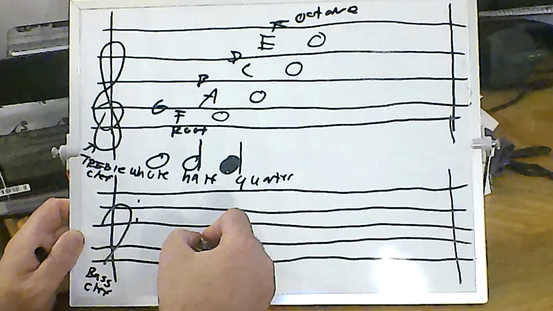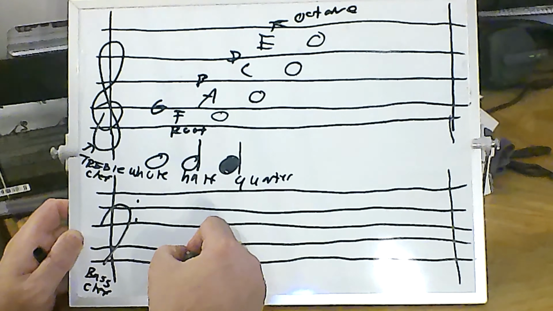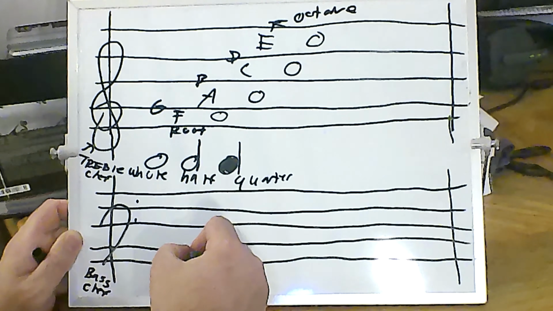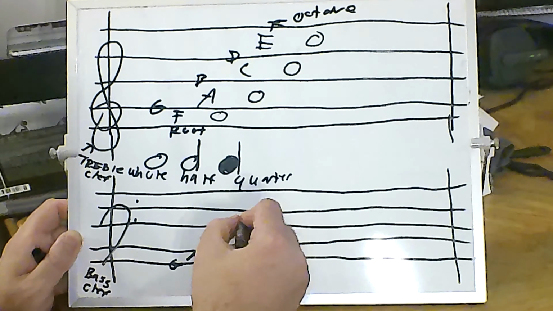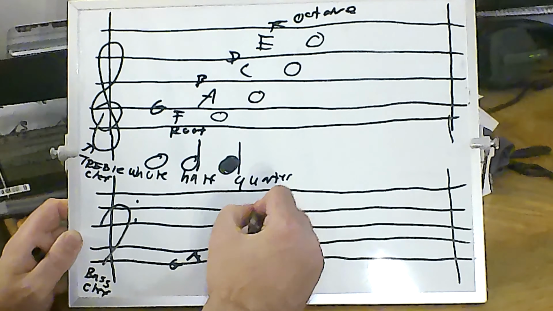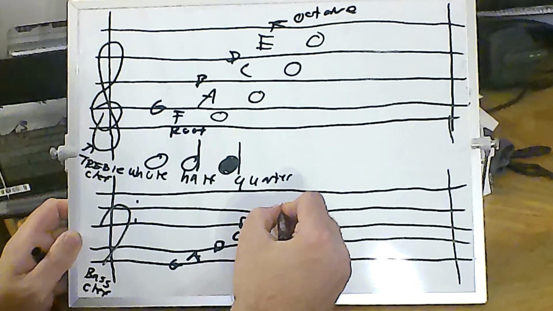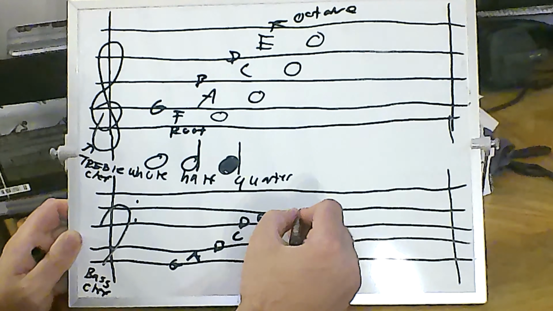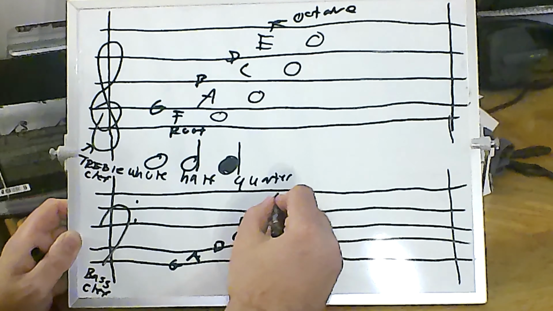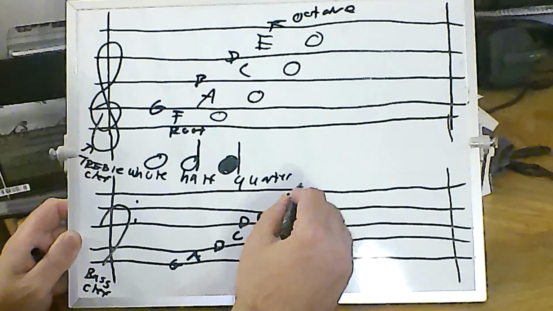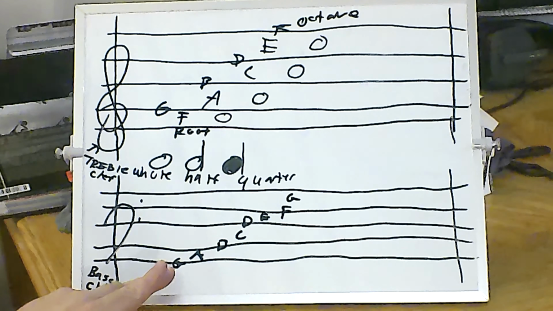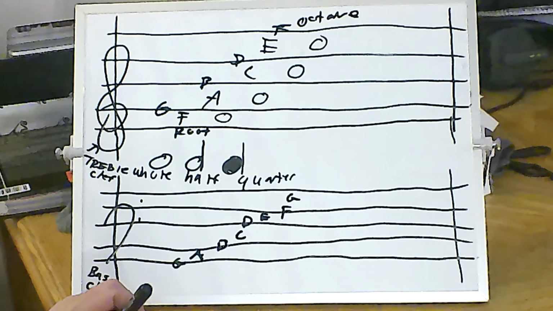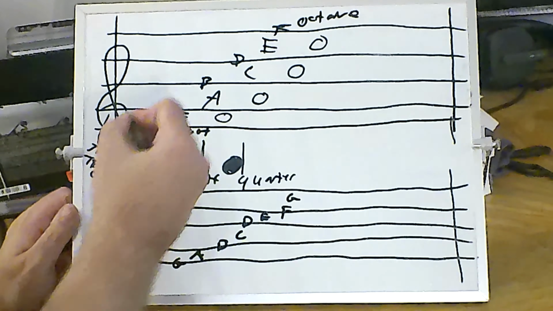Now this would be a G. And this would be an A. This would be a B. This would be a C, D, E, F, and G. Now you always notice the bass clef starts with G. I'm sorry, this is an E right here.